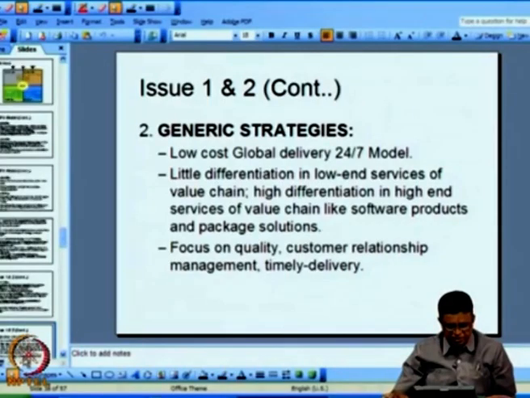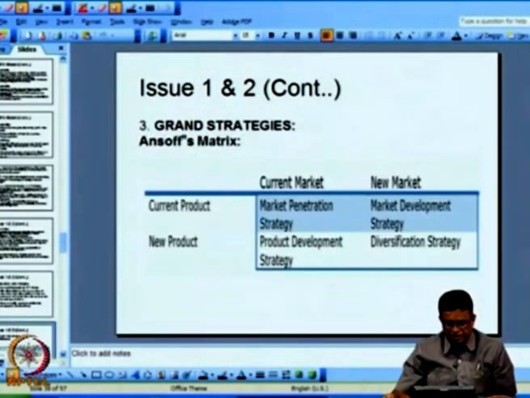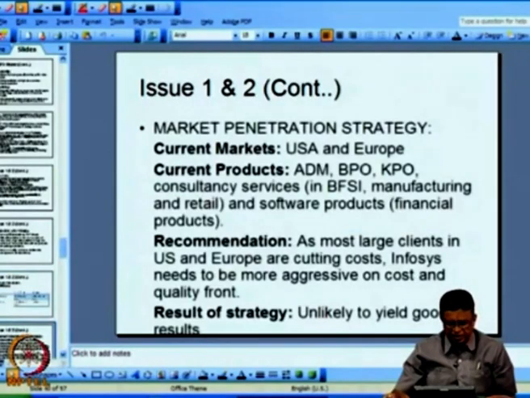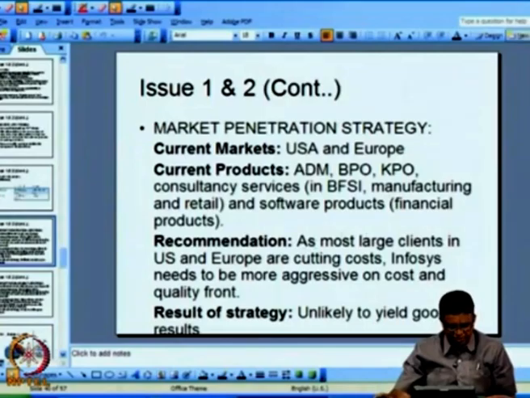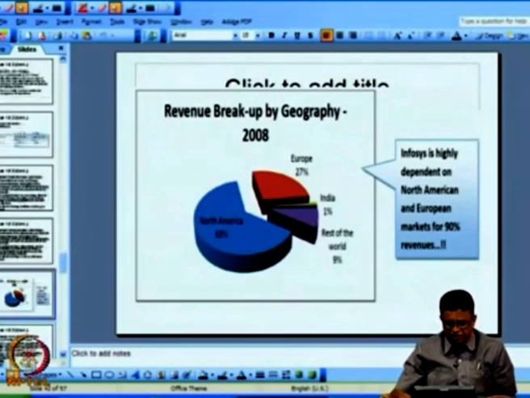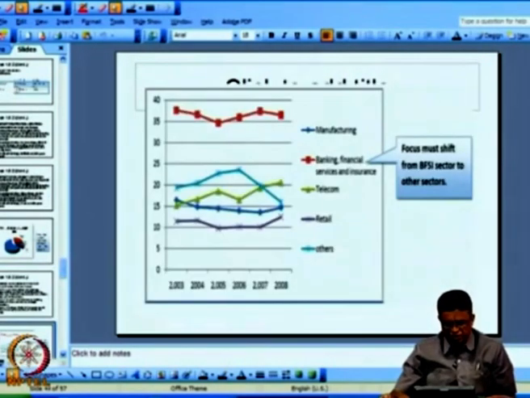Then it looks at the generic strategies, the next slide. Then the grand strategies the students have analyzed with respect to the Ansoff's matrix. Then the market penetration strategies which the company has adopted. Then the students have given the revenue breakup by geography.